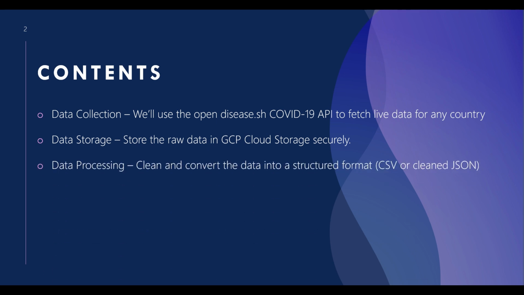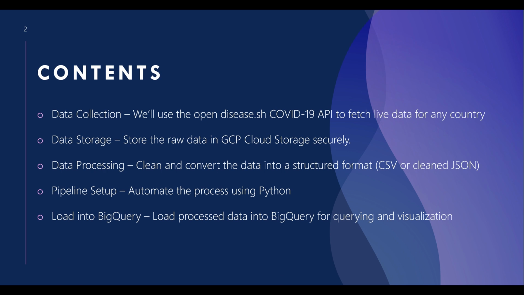Using Python, we'll clean and transform the data into a structured format like JSON or CSV. Then data pipeline setup. In that we'll automate the entire process using Python scripts. And then finally loading into BigQuery. In that we will load the processed data into BigQuery for analysis and visualization.